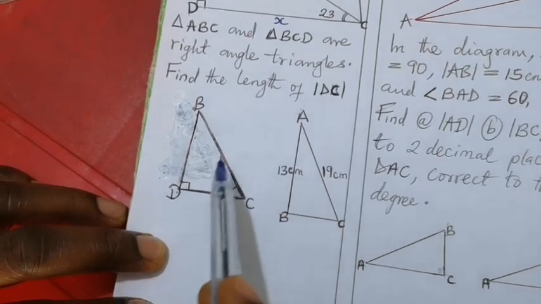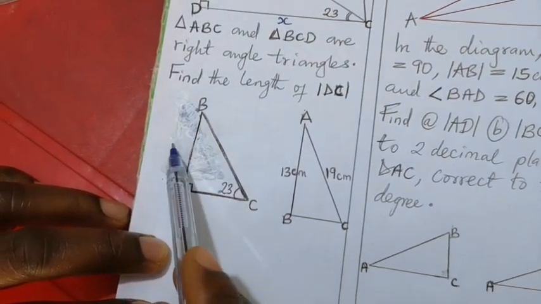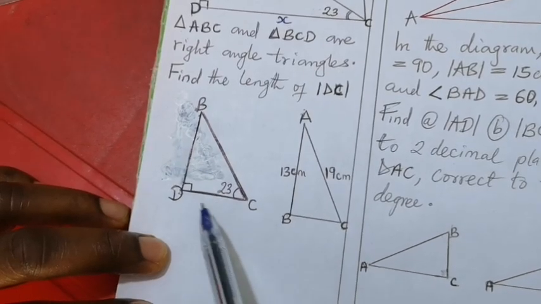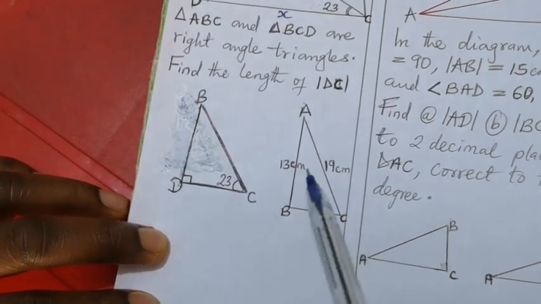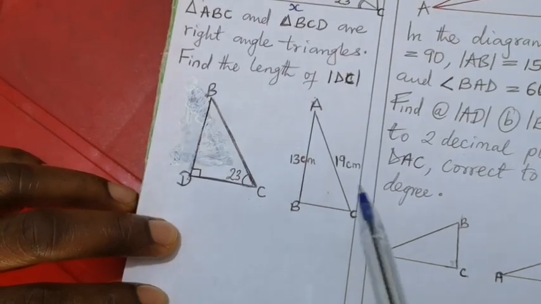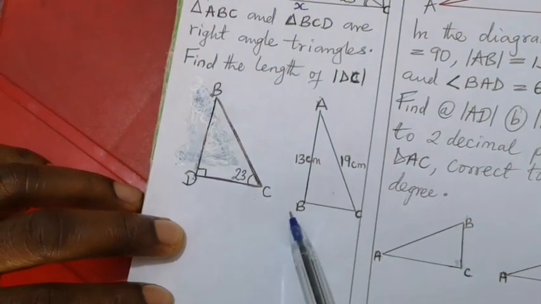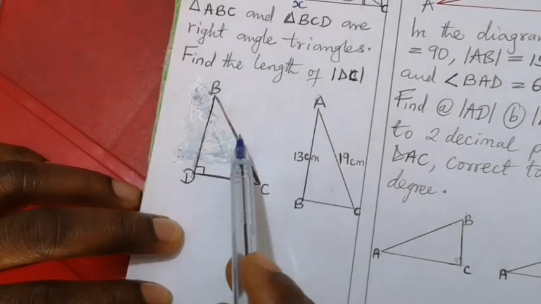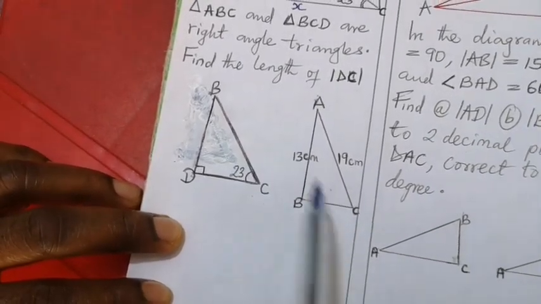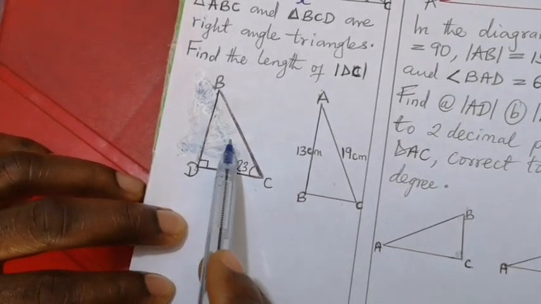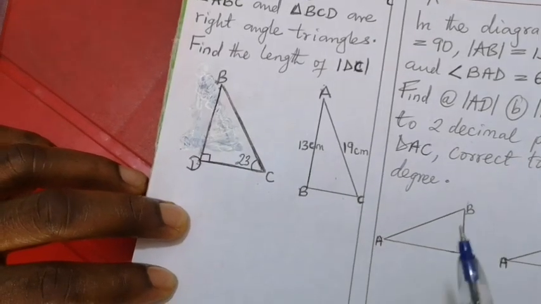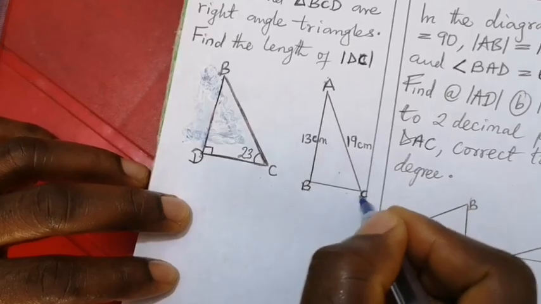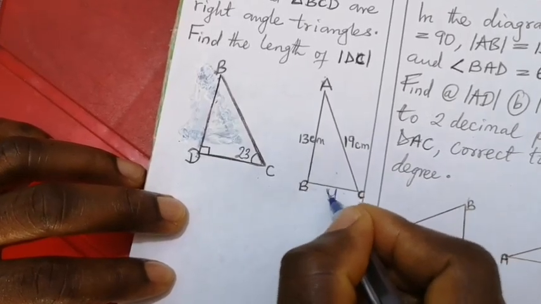Since we don't have any other side here that we can use to find this line DC, we have to come over this side and find line BC, so that when we find line BC, the value we have here, we can now add it to this place. So the value here will now become the hypotenuse of this very triangle. Okay, so let me label this line BC Y.